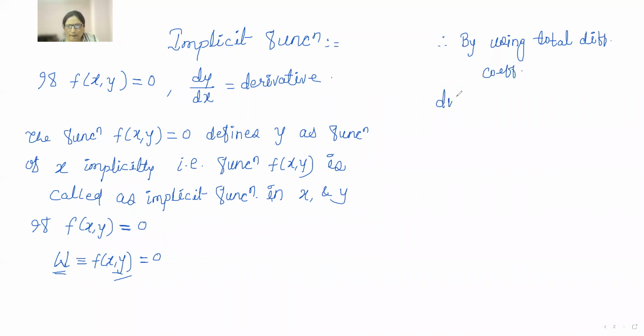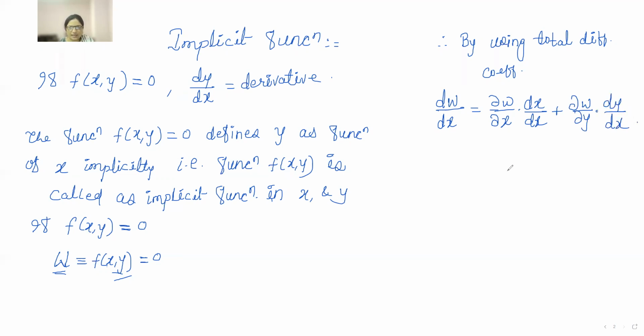dw by dx is equal to ∂w/∂x into dx/dx plus ∂w/∂y into dy/dx.